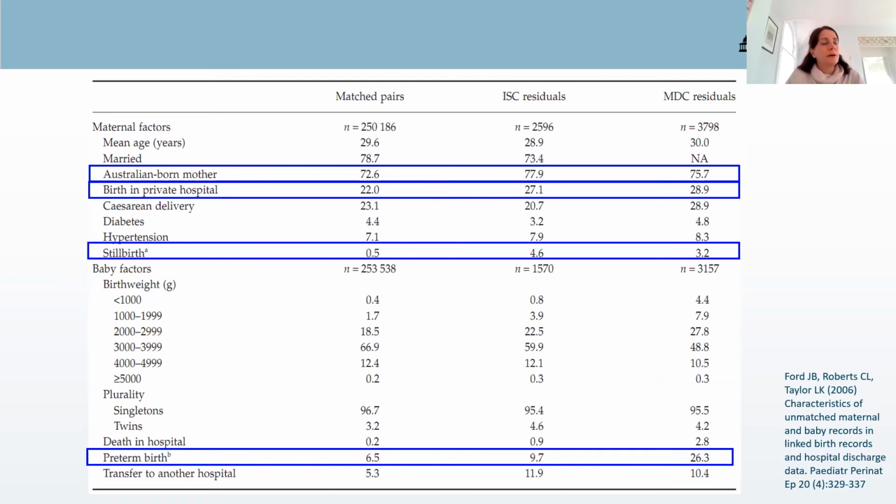Or it might tell us about some sort of associations with the other factors. So maybe it was that births in private hospitals were more likely to be high-risk births that were more likely to have these adverse outcomes, and perhaps the private hospitals recorded data in a different way. So looking at the characteristics of linked and unlinked data can really help us identify where the potential sources of bias might be.